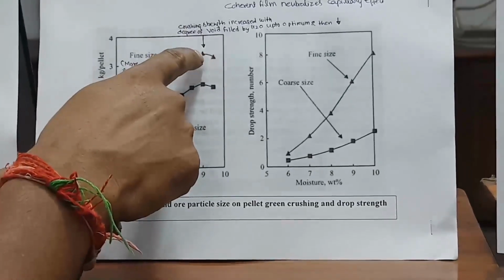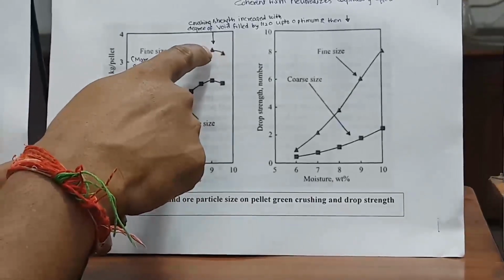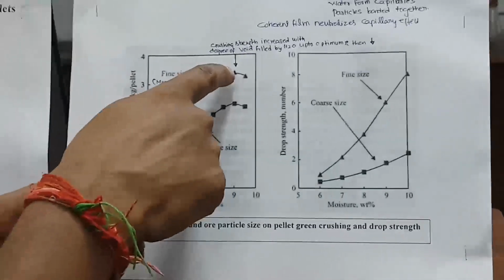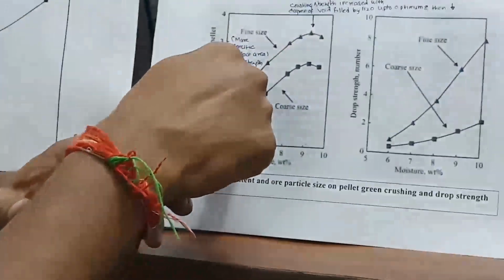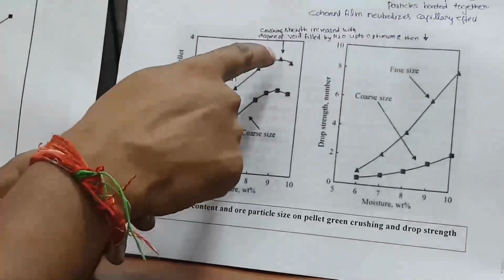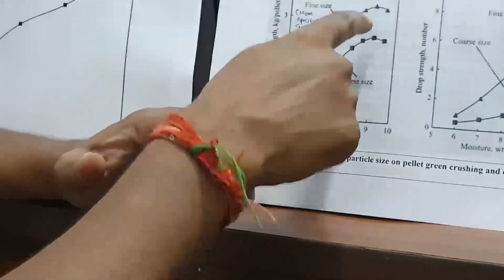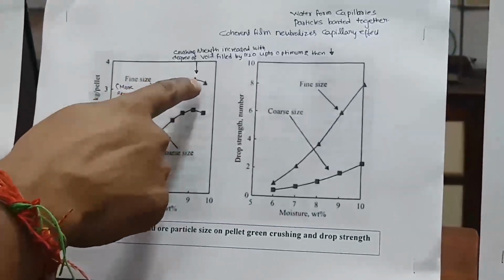After the optimum, if you increase the water, the strength decreases because it forms a coherent film that neutralizes the effect of the capillary. Here, why is the crushing strength increased? Because the degree of void filled by H2O is up to the optimum. After that, increasing the water decreases it.